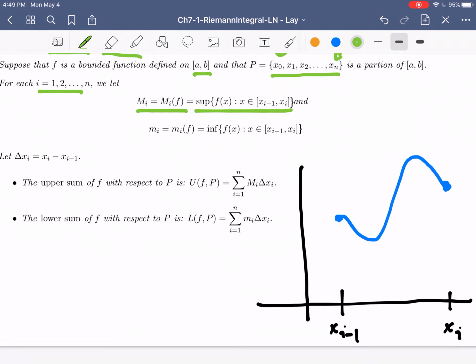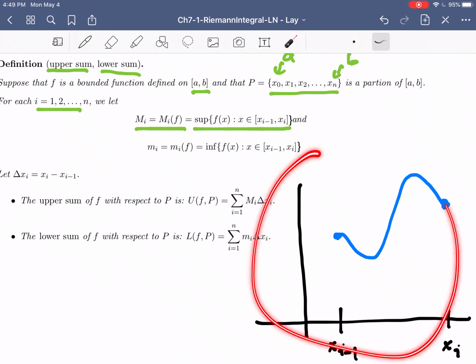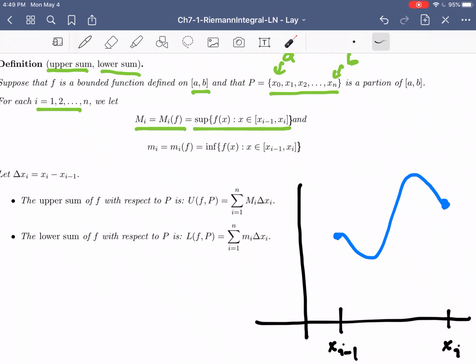So here, I've drawn this graph down here. So this graph, we are thinking about some particular subinterval. So imagine this graph continues on, right? So maybe it does some stuff over there, maybe it does stuff over there, but we are interested in some particular subinterval, x sub i minus 1 to x sub i.